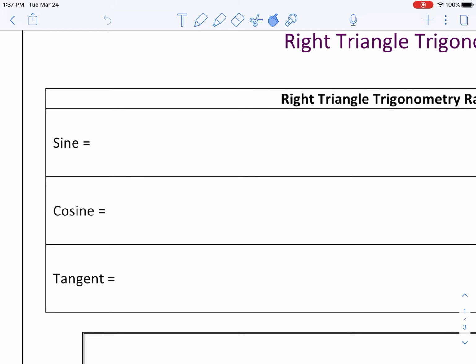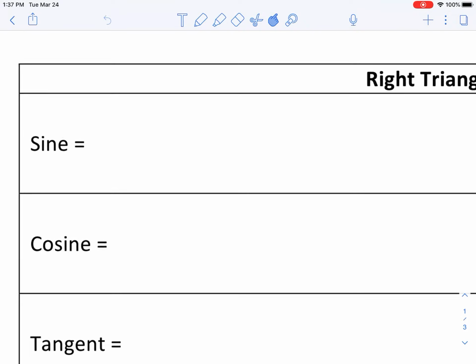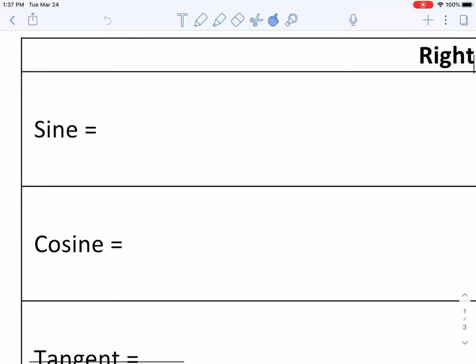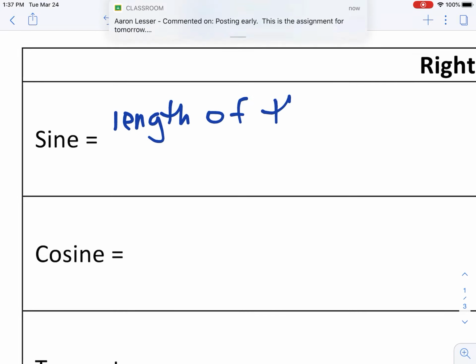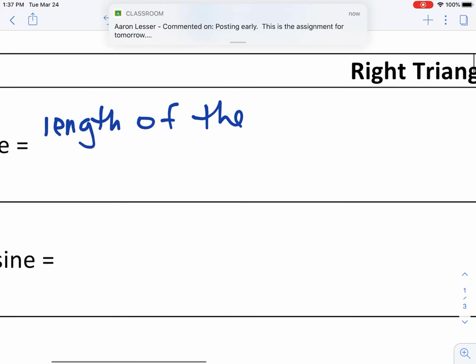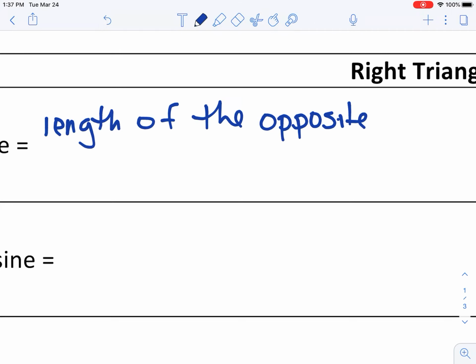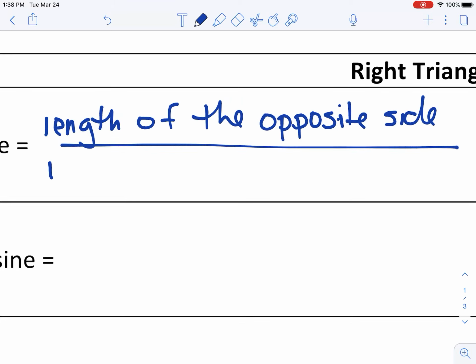So the sine of an angle is the length of the, think about it, opposite side of a right triangle divided by the length of the hypotenuse.